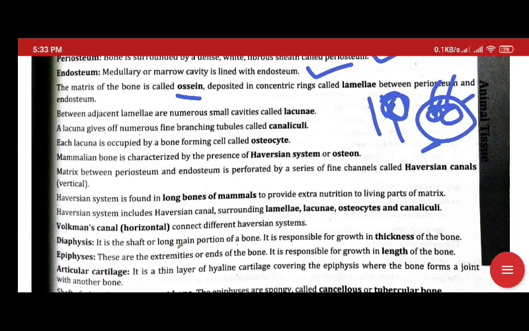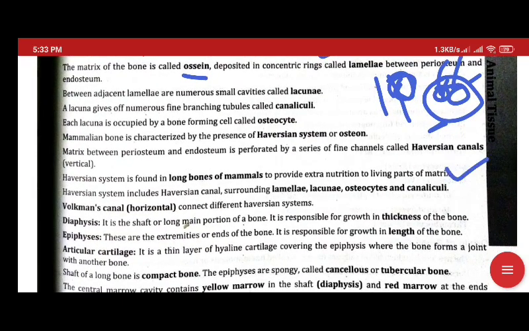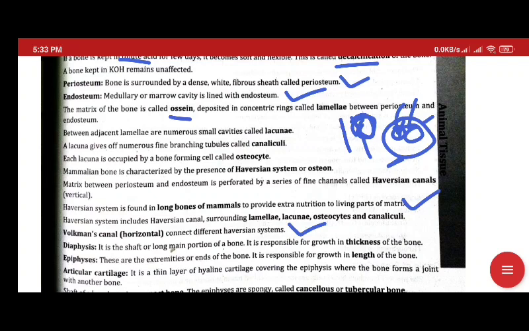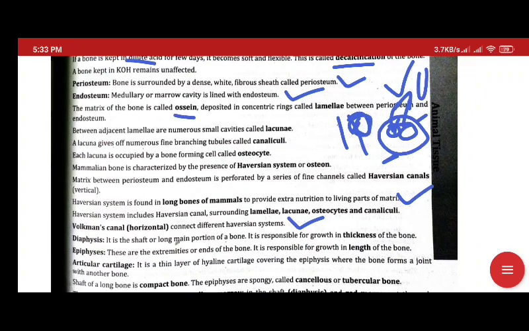The Haversian canal contains blood vessels, etc. The Haversian canal system is found in mammals. We have the Volkmann canal, which links two Haversian canals.